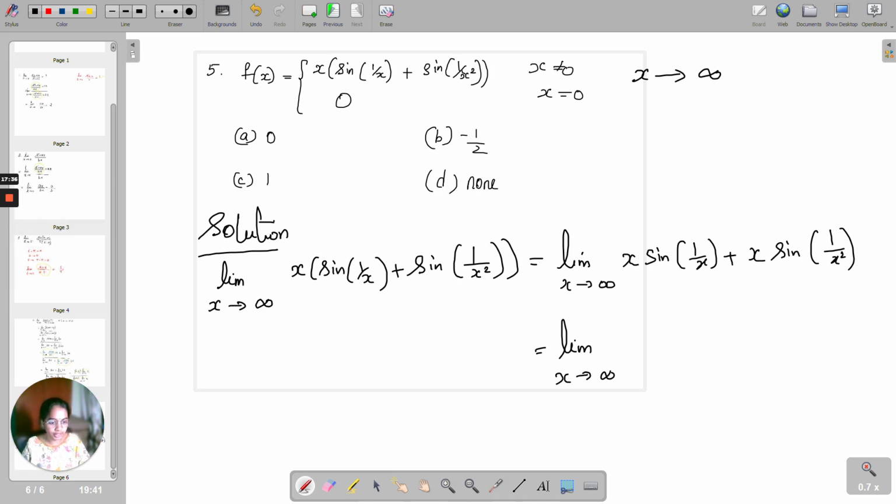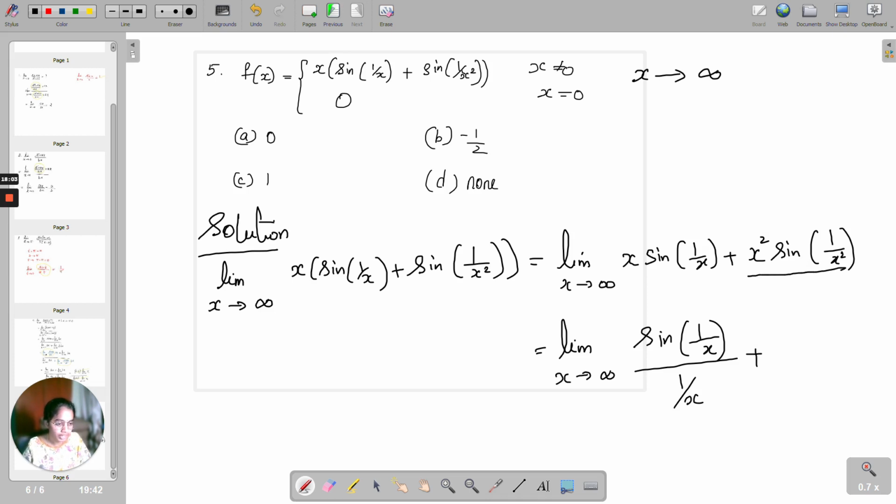I can write it as sine 1 divided by x divided by 1 divided by x. Agree? If I take this to the numerator, that is, if I find the reciprocal of it, I would get back this term. Plus, now first let me multiply and divide by x. Why am I doing it?